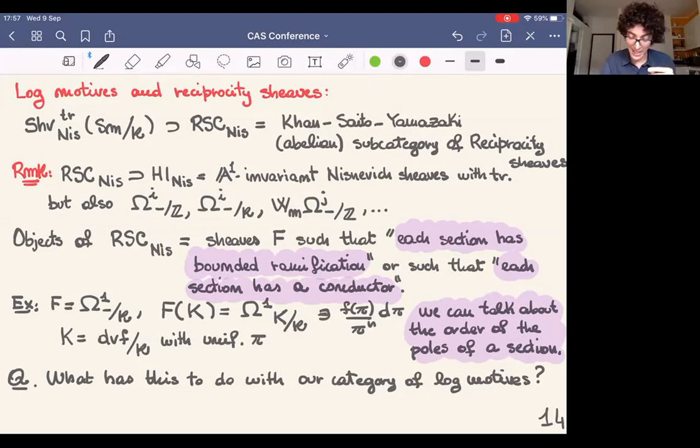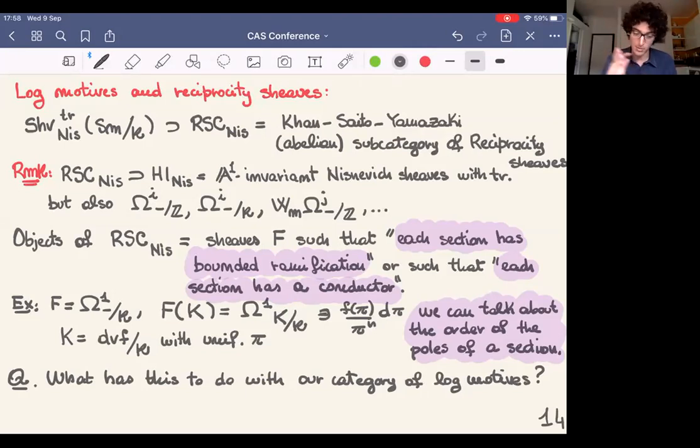Then F of K is the differentials, omega 1 K over k, and a section here is something like f(pi) over pi to the n, d pi. And you can talk about the order of the poles of such a section.